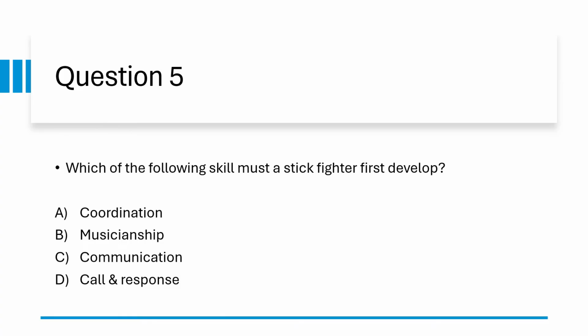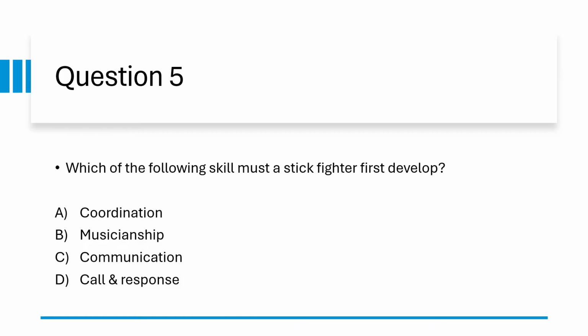C, communication. Well, the communication for the stick fighter in the ring doesn't happen with words. It happens with the body and being in tune with the energy and the drums. So again, this would not be the most likely response. The call and response: the songs in stick fighting have call and response in them, but the stick fighter is not necessarily utilizing the call and response for the fight.